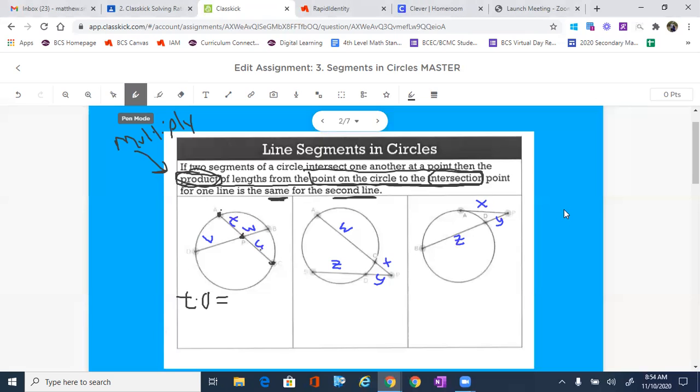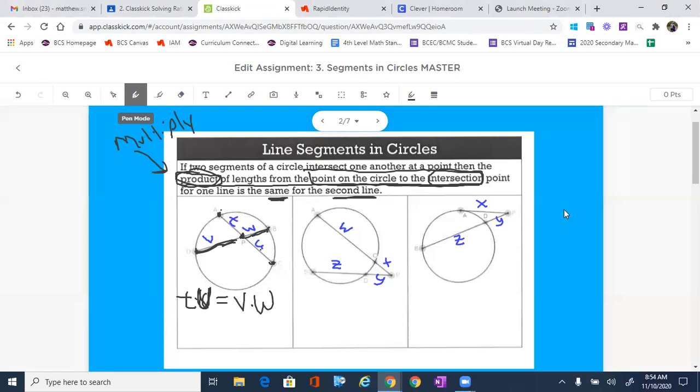So T times U is the same thing as V times W, because this length times that one, from the circle to the point of intersection, from the circle to the point of intersection. So we have a formula for that: T times U equals V times W.